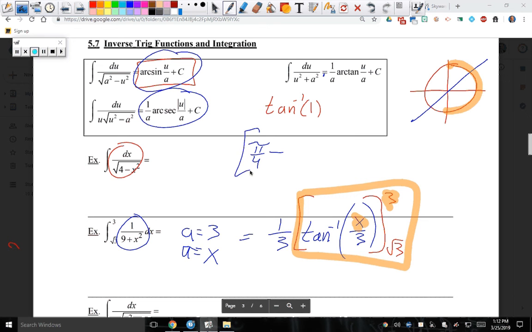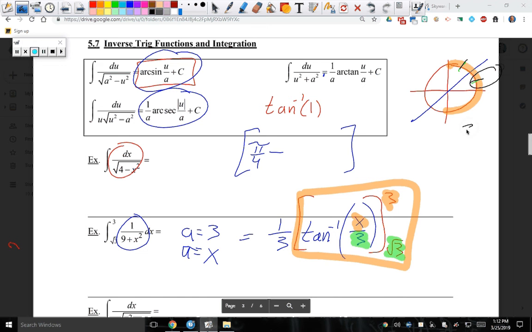Okay? Minus, now let's plug in this root 3 over 3. You have 2 choices. If you pick incorrectly, well then it's your other angle. It's either going to be pi over 6 or pi over 3. Which one do you want to guess? Pi over 6. So let's do pi over 6.